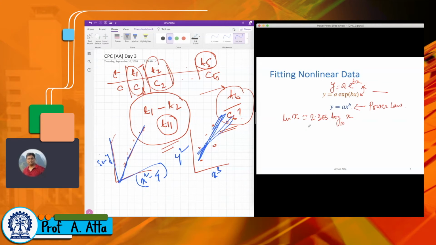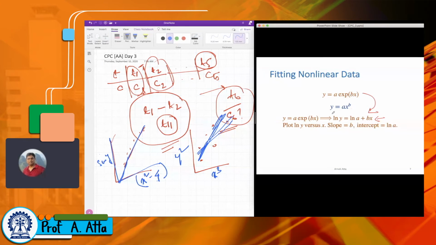Okay, so you should be able to convert this as well, because the first one, y equals this exponential function. What we can do is take the natural log on both sides, and we can convert this to a straight line when we plot ln y versus x.